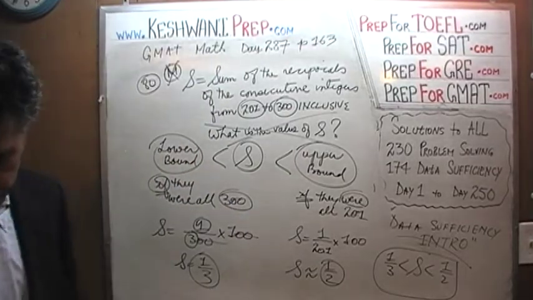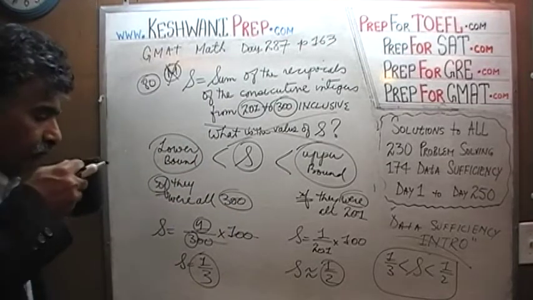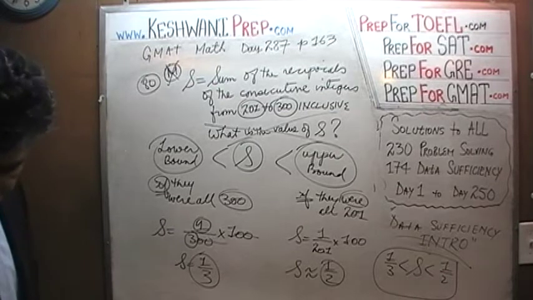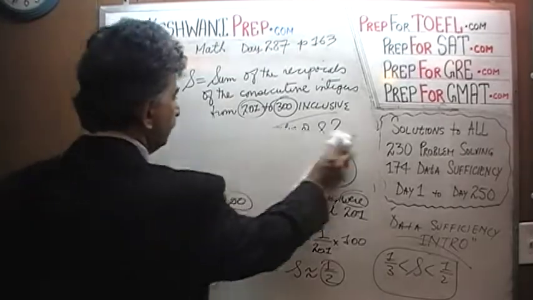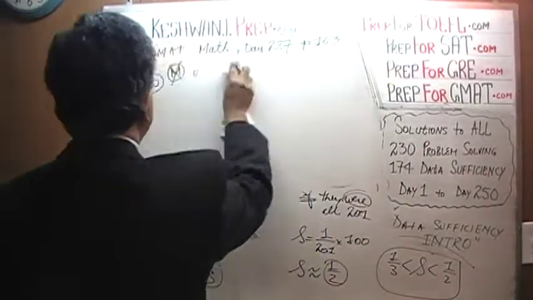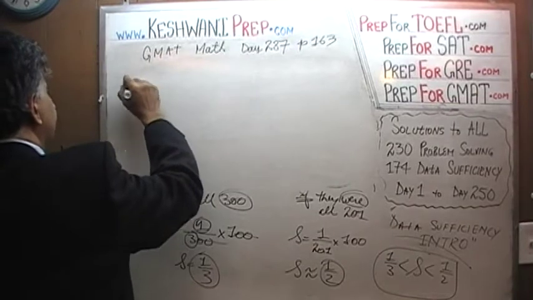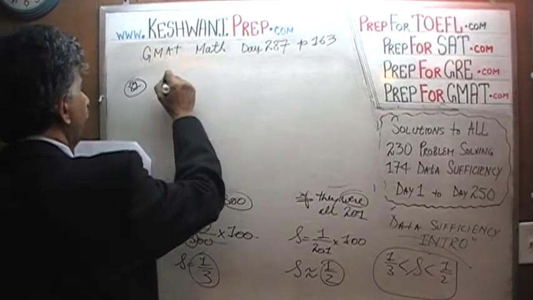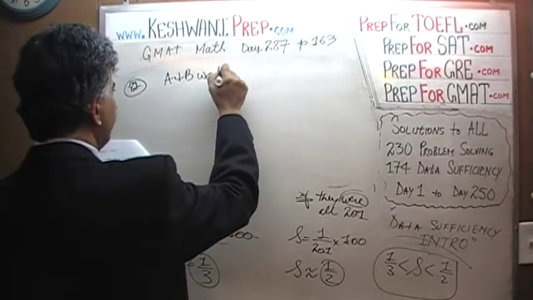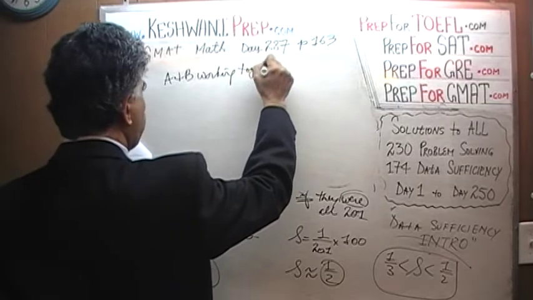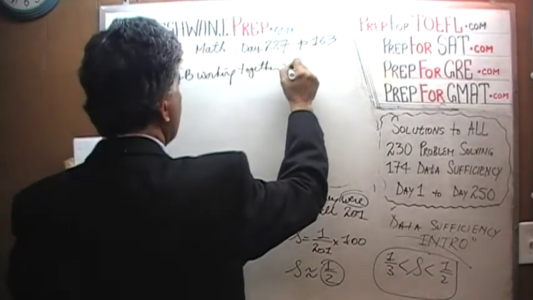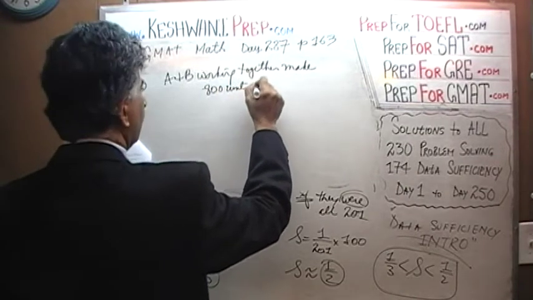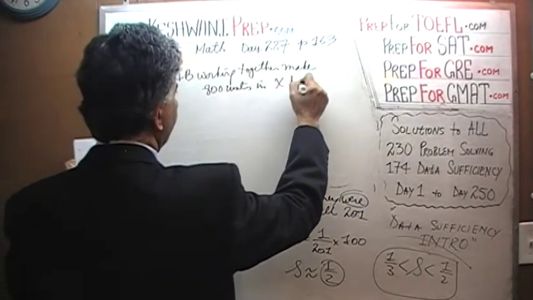Number 81. In number 81, we are told that A and B working together make 800 units in X hours.